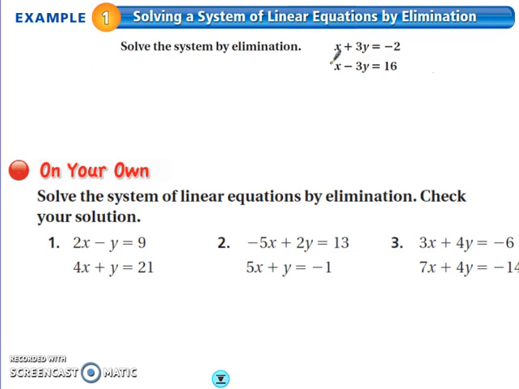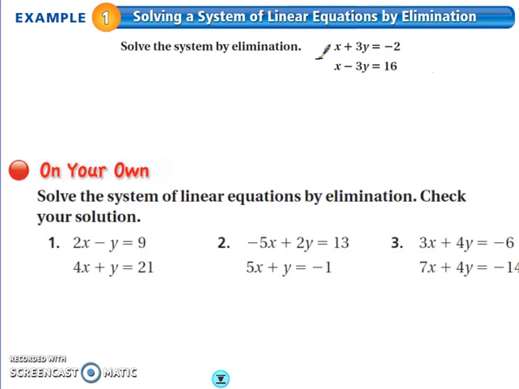So I'm going to go ahead and simply add x minus 3y to the left-hand side of my equation, and I'm adding x minus 3y also to the right-hand side, but that x minus 3y has the value of 16. Because these are equal to one another, we can add x minus 3y to the left and 16 instead to the right.